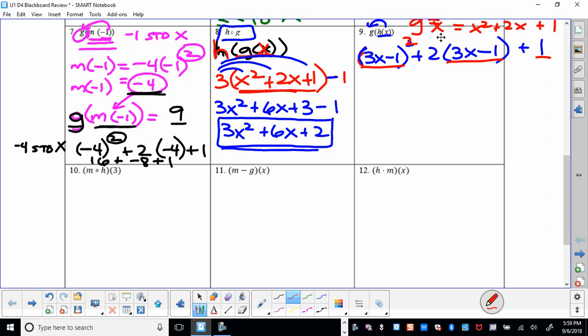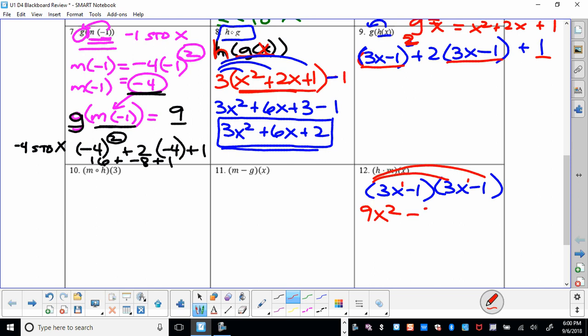All right, so we have 3x minus 1, and it's squared, so we have to do that first. We have to FOIL it. So here we go. I'll just go ahead and do it down here. 3x minus 1 times 3x minus 1. All right, so I'm going to do these two. So that would be 3 times 3 is 9x squared.